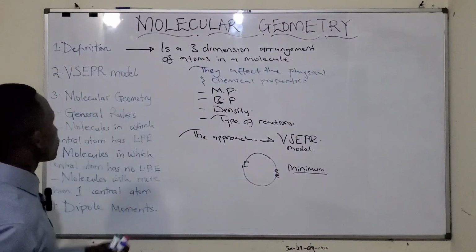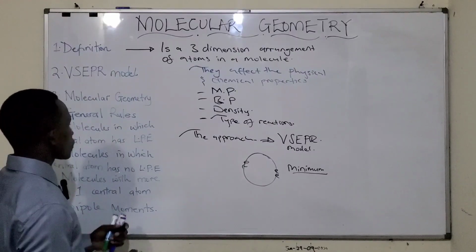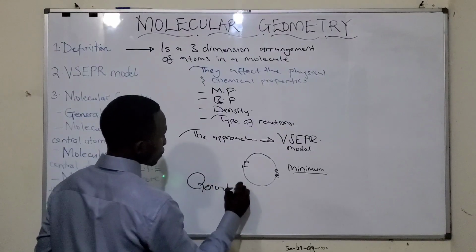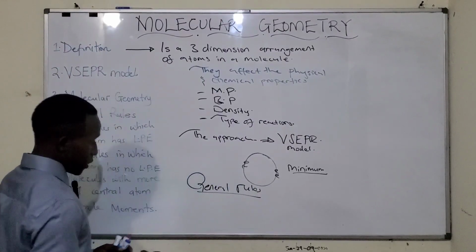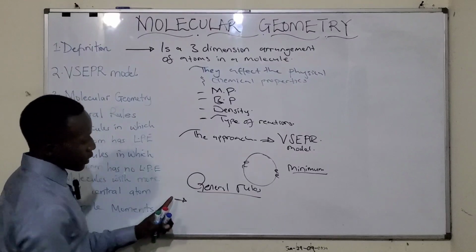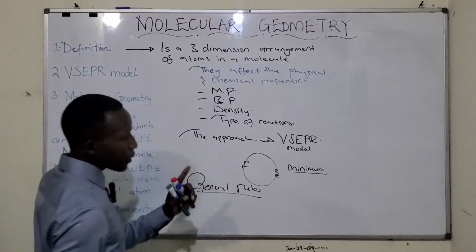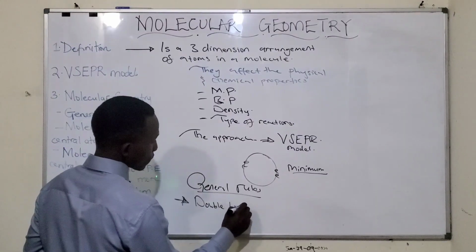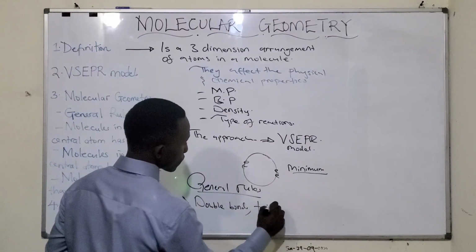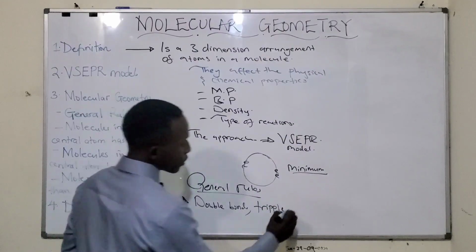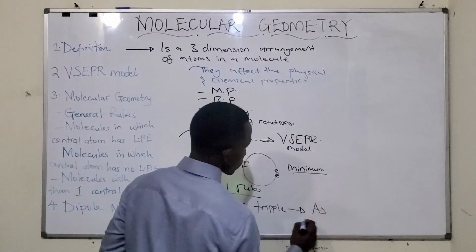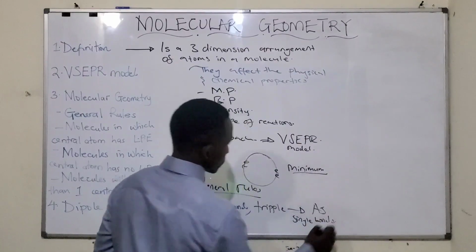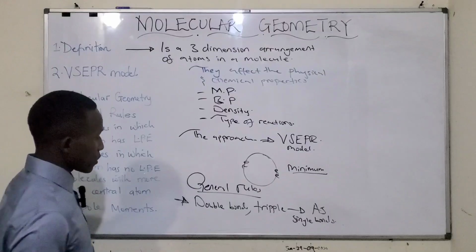Let's talk about molecular geometry in detail. The general rules of molecular geometry. Here, as long as electron pair repulsion is concerned, double bonds and triple bonds are all treated as single bonds.